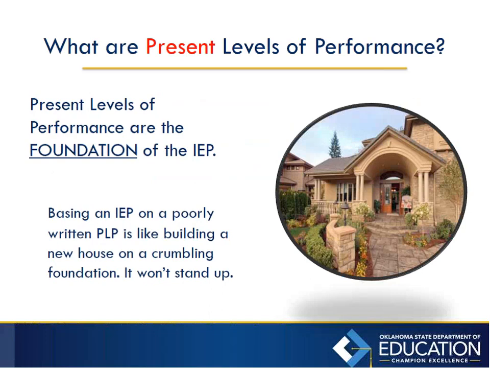So when we're looking at present levels of performance, we're really thinking about the entire picture of the student. And the reason that the word present is in red is because it's so imperative. Present means, within the evaluation information, if it was done 3 years ago, that is relevant information because that full battery may not take place every single year.